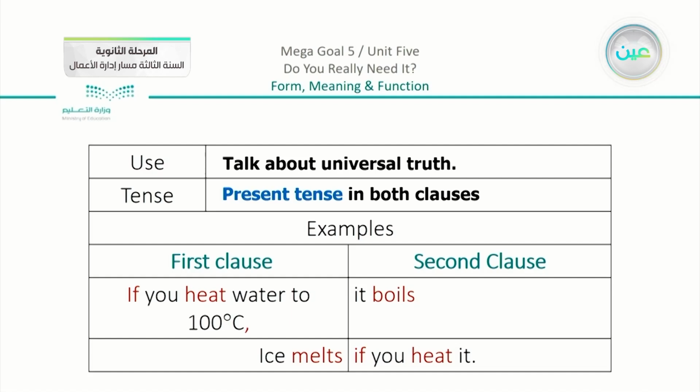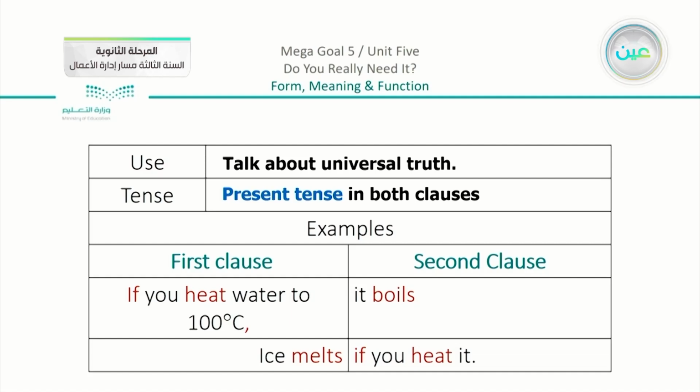If you heat it is the if clause, and heat is also the present simple. So we have here the zero conditional. The zero conditional depends on talking about facts or truths in general. When we use the zero conditional with if, we have two clauses, and in both clauses, we use the present simple.